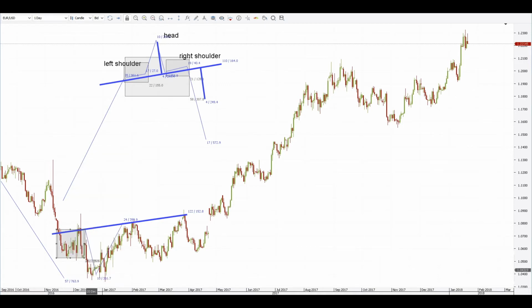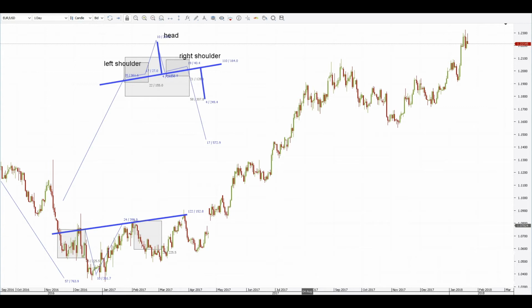But what binary option traders should do is use the information from the left shoulder, the information here, to trade on the right shoulder, and then of course to trade the pattern moving forward. Now how come? That's very easy.